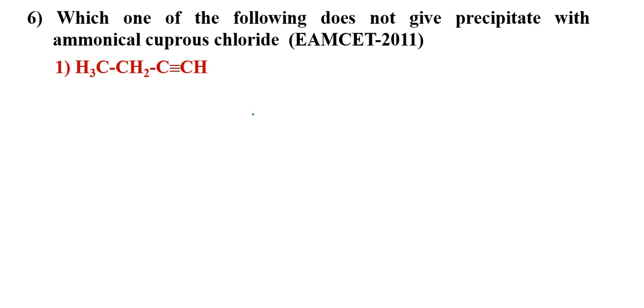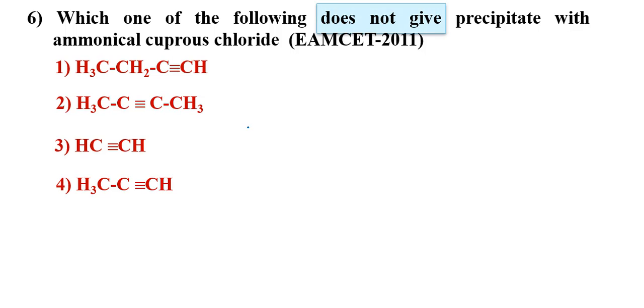Which one of the following does not give precipitate with ammoniacal cuprous chloride? Ammoniacal cuprous chloride, this is also known as a Tollens-type test. The question is they are asking does not give. Okay, be careful whenever incorrect-type questions. Does not give. In those questions you have to carefully give the answer.